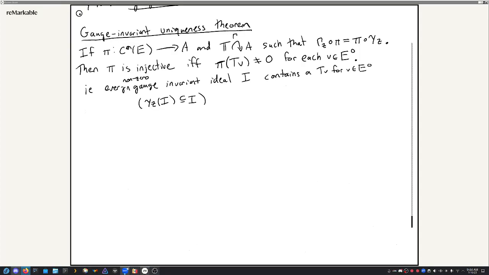But you can do even better for most graphs. So you also have the Kunz-Krieger uniqueness theorem.